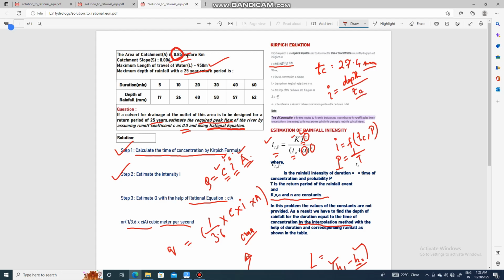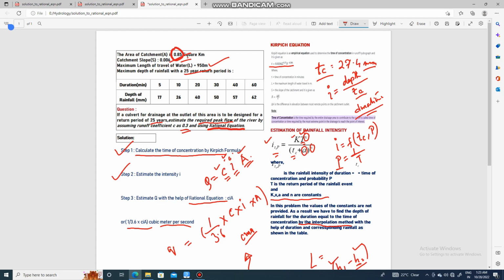This time of concentration also indicates the duration of the rainfall, because after the rainfall occurs, the rain droplets from the furthest point will reach the outlet at a time indicated by the time of concentration. So that can be taken as the duration of that rainfall also.